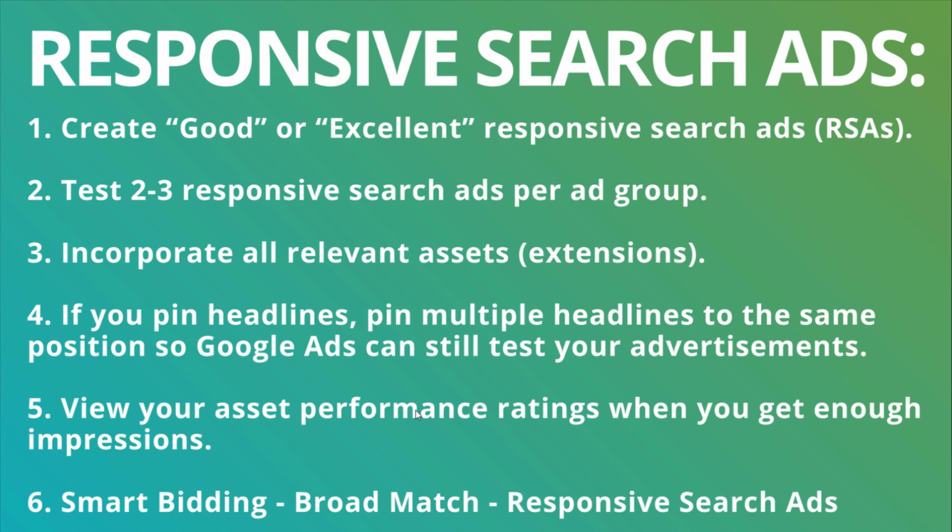View those asset performance ratings as you start getting more information. Improve if your asset performance ratings are low, and make sure you're using conversion tracking, a smart bidding strategy that will allow you to use broad match keywords, gives you more testing. You are going to see irrelevant keywords within your search terms report. Use negative keywords to improve your overall performance over time, and then just keep testing your responsive search ads.